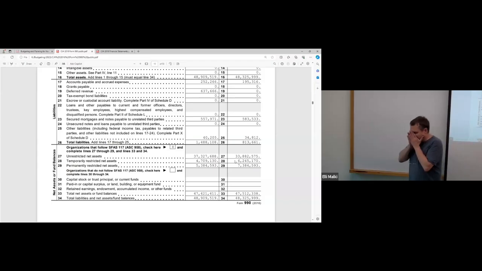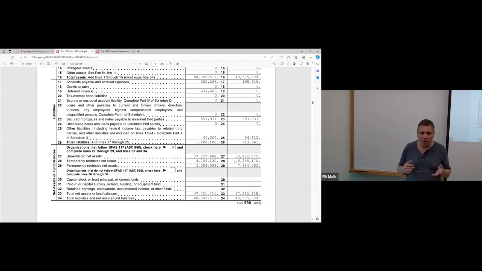Now, what happens is that at the end of the year, when the accountant goes over the income and expenses report of the organization, they would ask the organization management how much of the income was designated, how much was undesignated. Then, of the designated income, how much was actually spent.